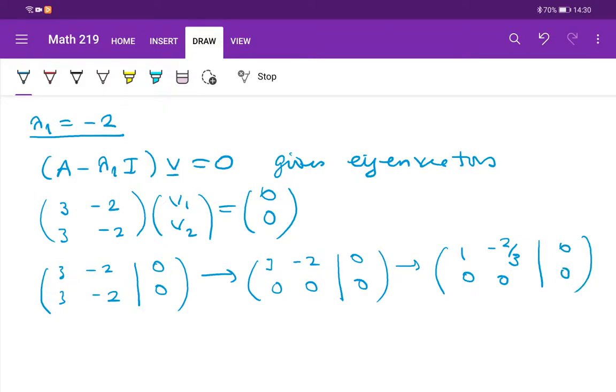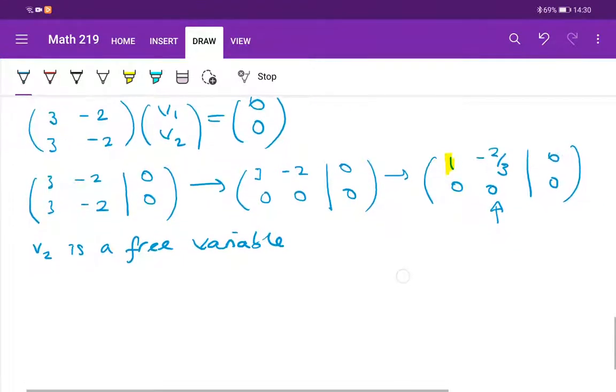There's a leading one in the first column, and there's no leading one in the second column. So x2, or v2 if you like, is a free variable. And you can see all the solutions of this.